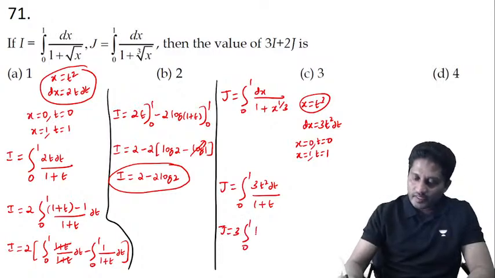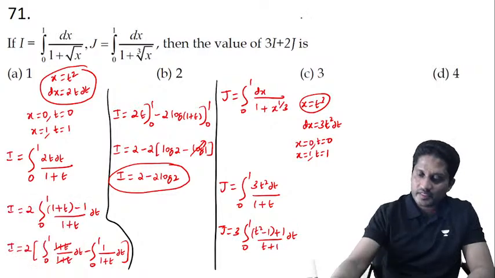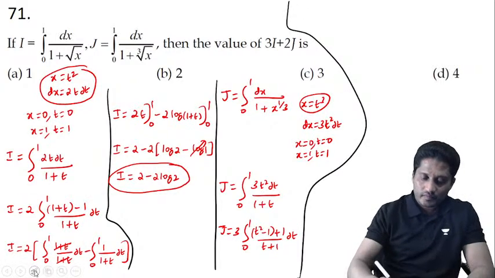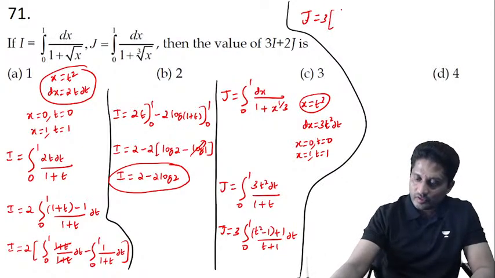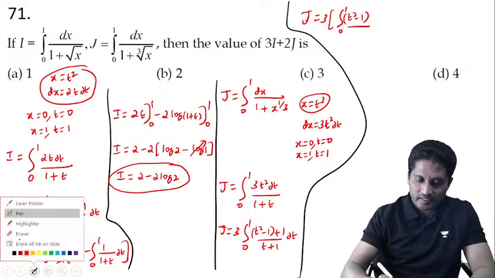Now this becomes 3 times the integral 0 to 1. I can write this as t square minus 1 plus 1 by t plus 1 dt. Right, now if I separate this, J is equal to 3 times 0 to 1 of t square minus 1. Okay, I'll do it in the next slide, guys.